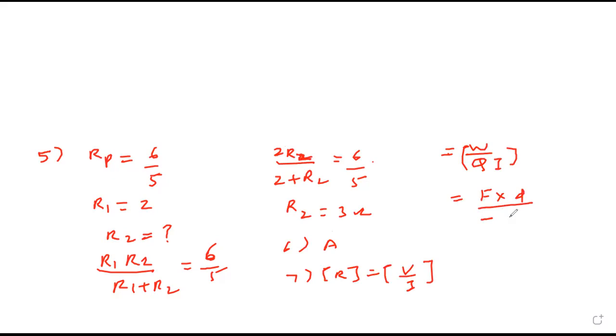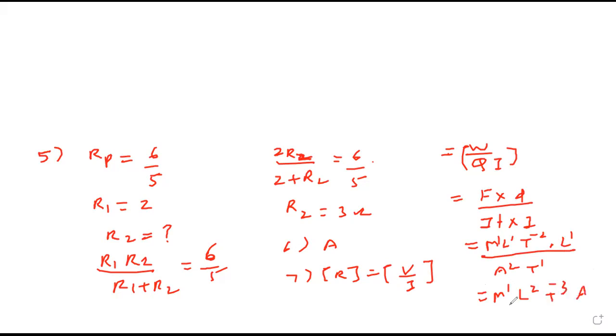Charge is IT into I. Now we can manage. M1 L1 T minus 2, distance is L1, this is A2 T1. M1 L2 T minus 3 A minus 2. Let us check. M1 L2 T minus 3 A minus 2. Option, all the three.